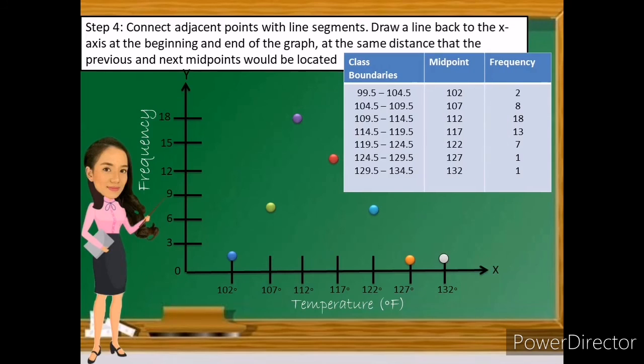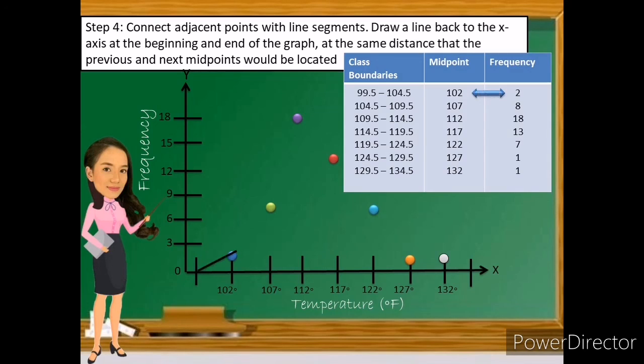Lastly, connect adjacent points with the line segments. Draw a line back to the x-axis at the beginning and end of the graph, at the same distance that the previous and next midpoints would be located. In constructing a frequency polygon, we should always remember that it always starts and ends on the x-axis.